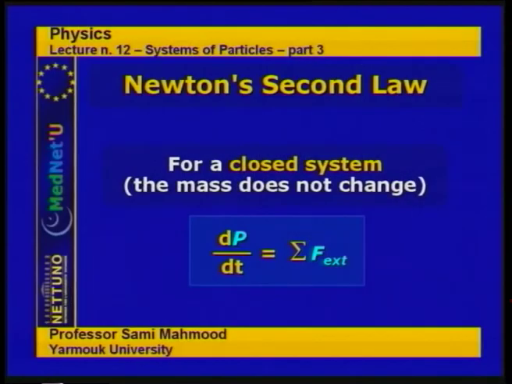How do we arrive at this important principle? We just have to remember that, as we mentioned, dP by dt is equal to the summation of the external forces acting on a closed system.